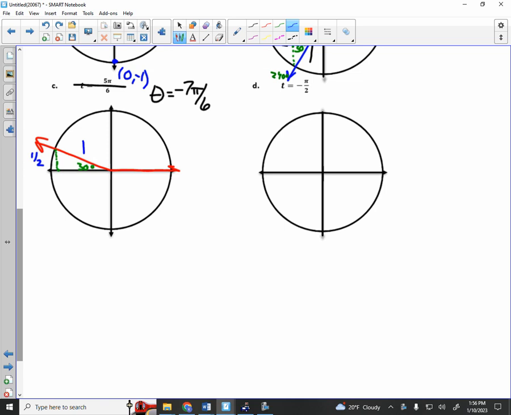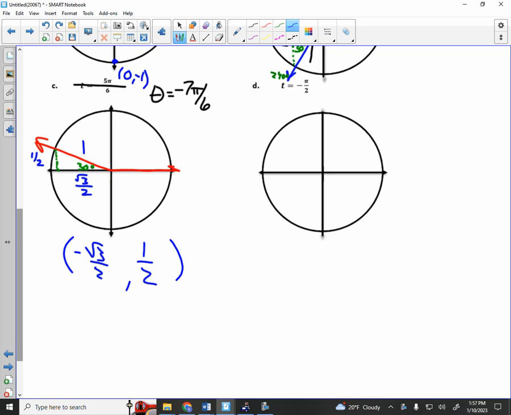What is going to be the length of the longer side? Root of 3 over 2. So my coordinate, what is the x value of the coordinate? Negative root of 3 over 2. And the y value is 1/2. Good.